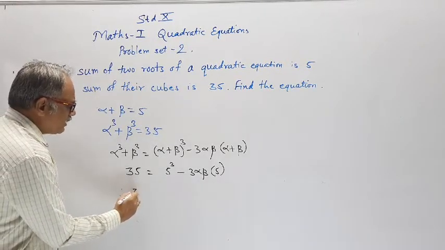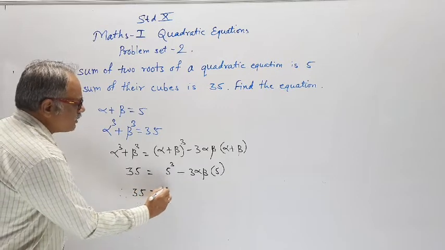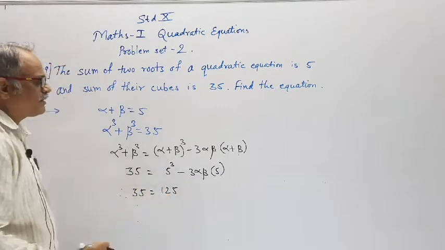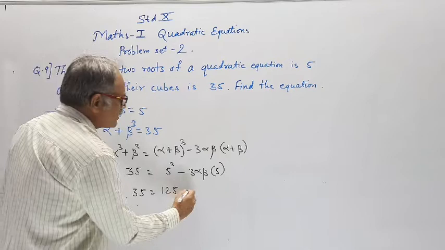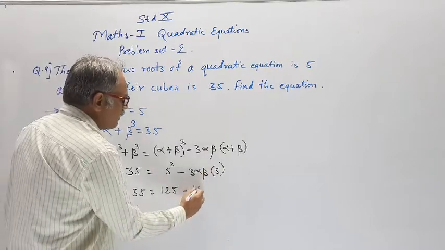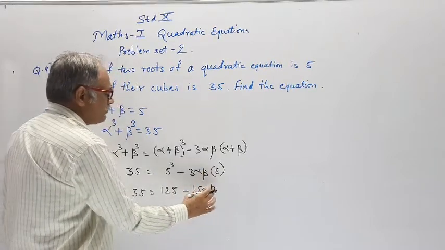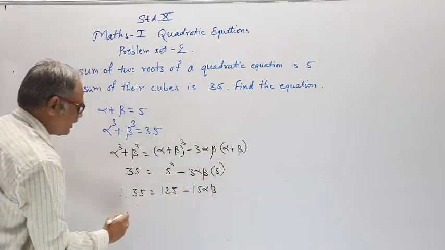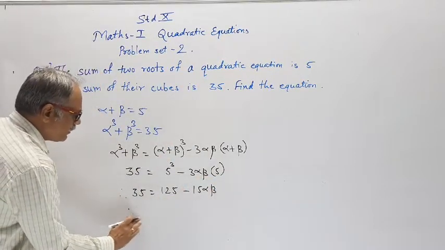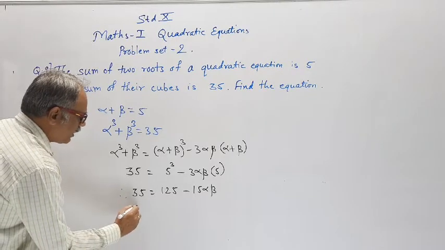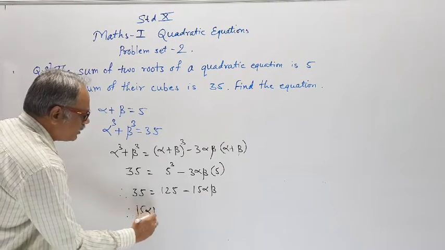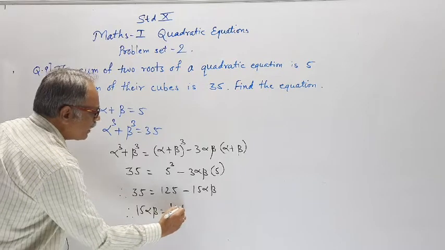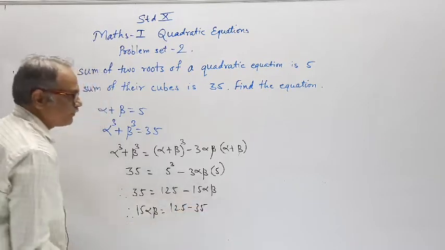Now calculate. 5 cube is 125. 5 5s are 25, 5 25s are 125, minus 3 5s are 15 alpha beta. Now this is minus, shift it to this side, and take 35 to the other side. Therefore 15 alpha beta equal to 125 minus 35.